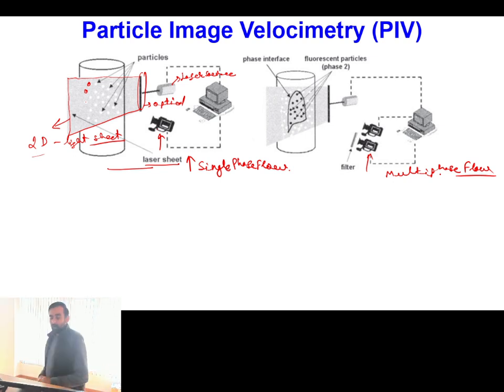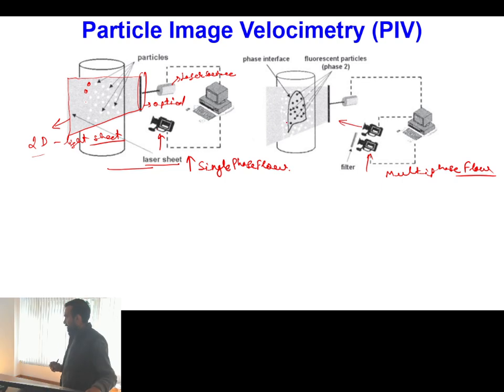So in that scenario, along with determining the particle locations, we have to also determine the interface boundary between the two phases. Okay, so for that purpose, one camera is used to capture the fluorescent particles, and the second camera has some special filter which will be filtering out the intensity of the particle, and it will only capture the light rays which are reflected from the interface between the two phases.